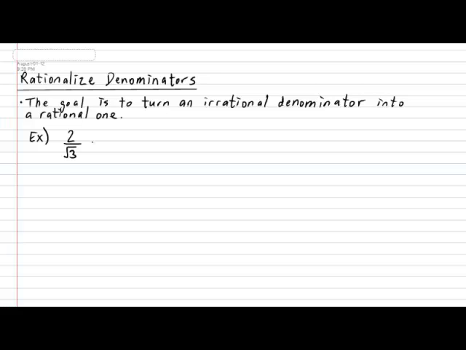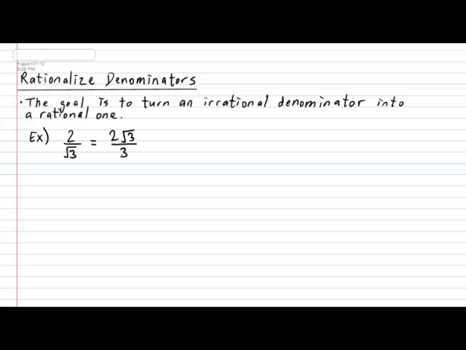So with this irrational denominator, the goal is to turn it into the following fraction, 2 root 3 over 3. And as you can see, the denominator is now not irrational anymore.